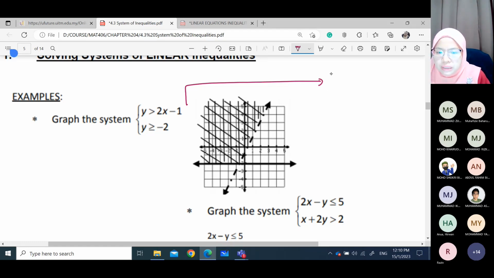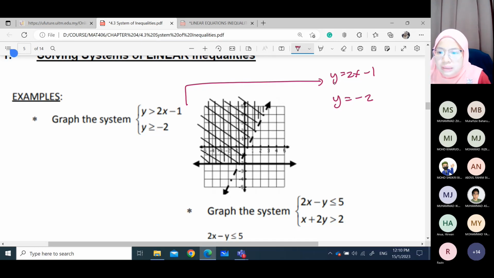Okay, so the first one is y equals 2x minus 1. So first we need to draw this graph, which is y equals 2x minus 1. And the other one here is y equals negative 2. So ada dua graph dekat sini. Satu y equals 2x minus 1, and the other one here is y equals negative 2.